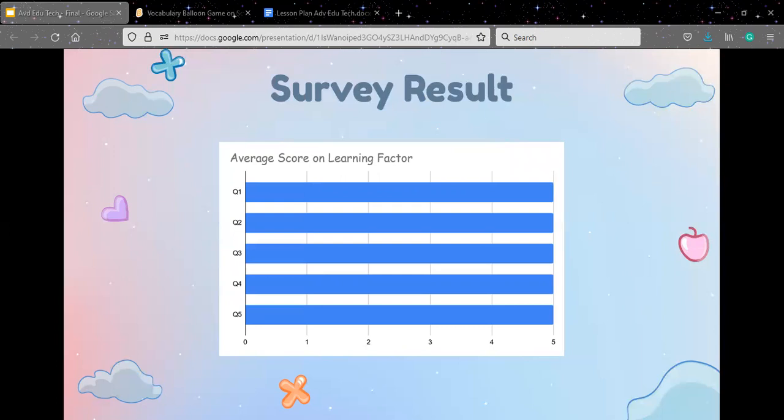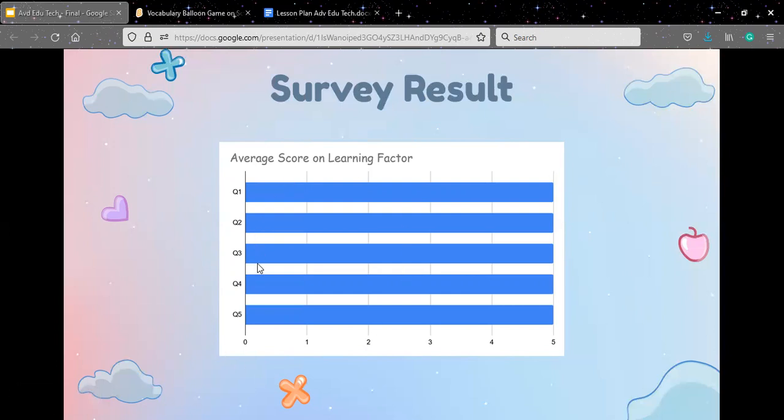The quality factor describes the quality of the learning object, the game. And the engagement factor is how much the student will engage with the learning object.